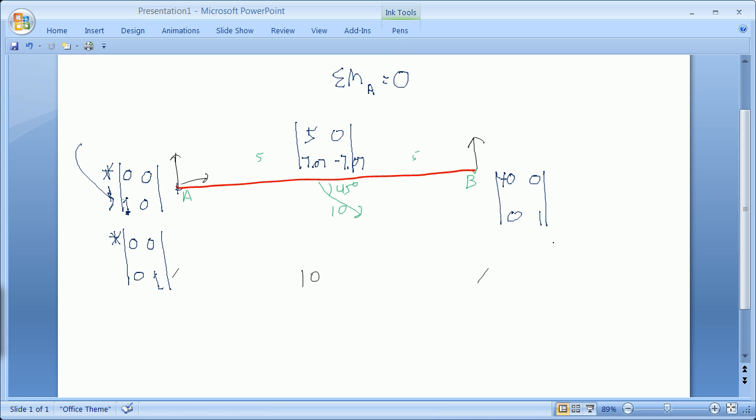And we know in all reality what we've done here is, this is actually not 40, it's 10. We know that 1 unit of force in that direction leads to 10. So that's got an asterisk.